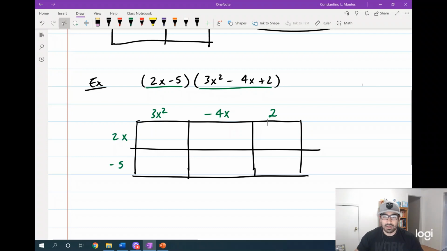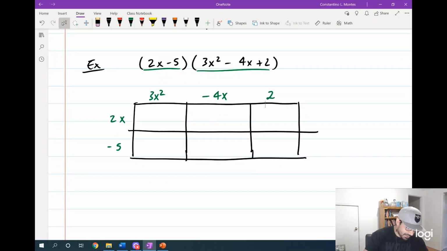So now what we're going to do is find the area of each box and then add those all together to find the product of these two polynomials. So let's get started. Top left-hand corner, let's keep ourselves organized. 3 times 2 is 6. And when I multiply x squared times x, I actually end up with x to the power of 3, x cubed, right?